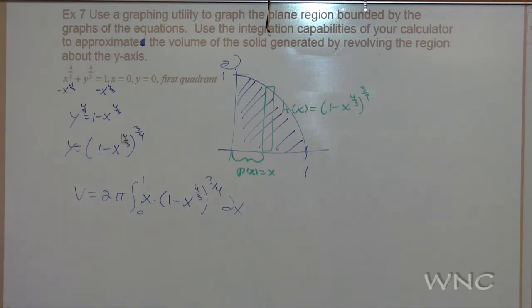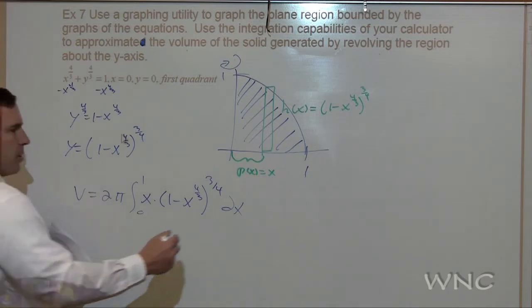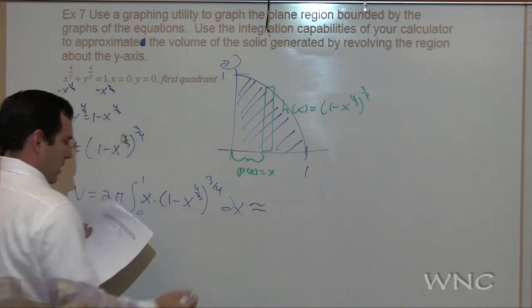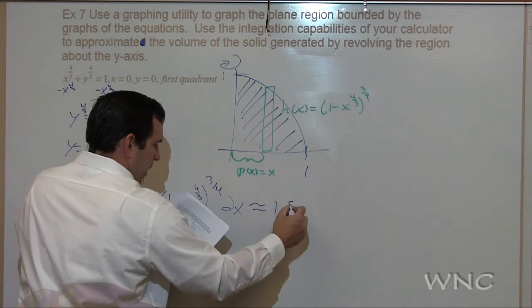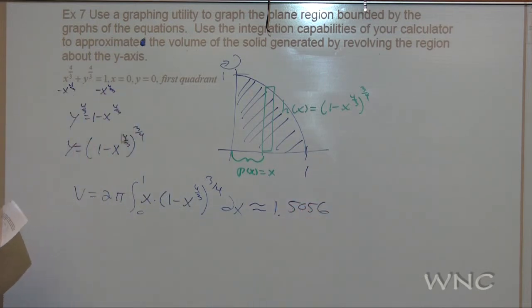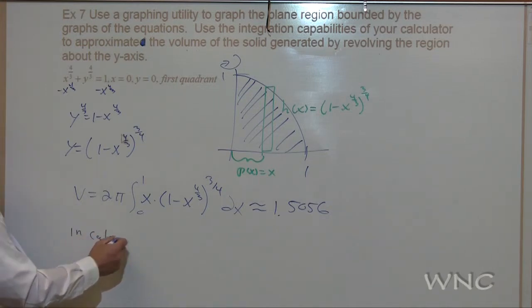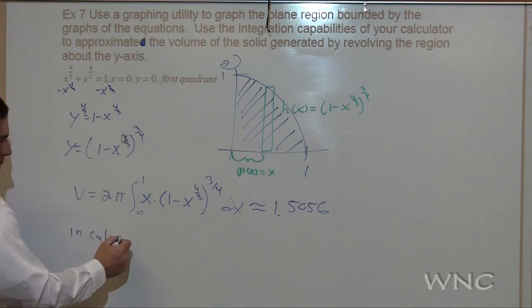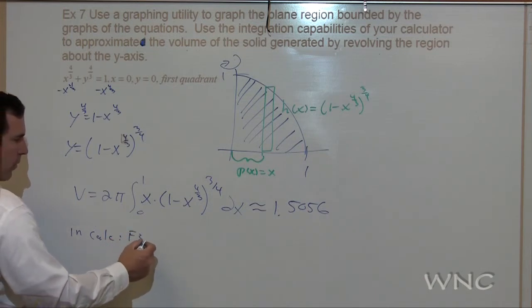So I put this in my calculator, and you can too, and I've shown you how to do that. And you're going to have approximately 1.5056. Okay. In the calculator, this is how I had to make it look. Remember using the F3 for integration.